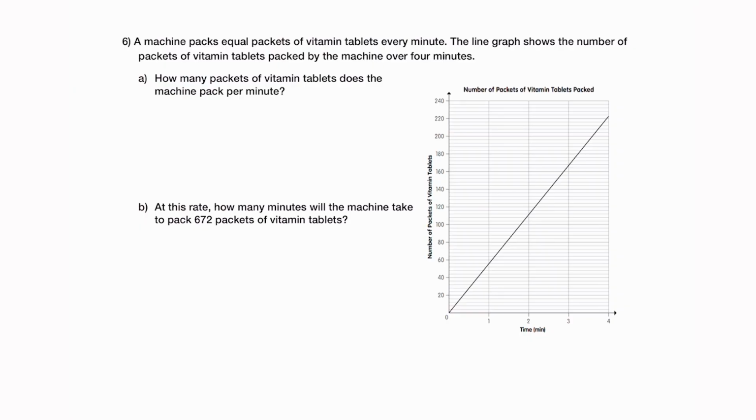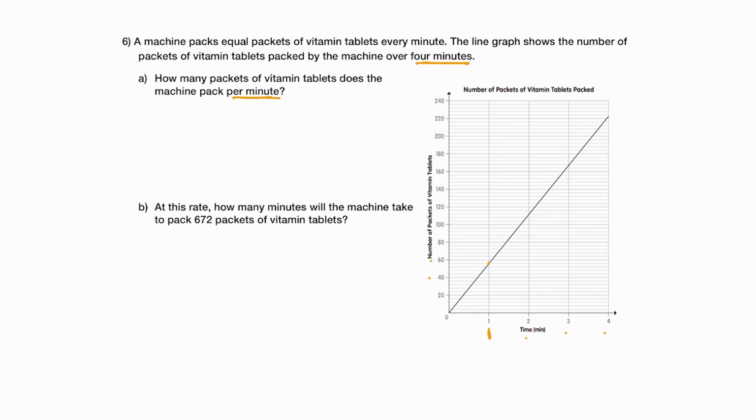A machine packs equal packets of vitamin tablets every minute. The line graph shows the number of packets of vitamin tablets packed by the machine over 4 minutes. So 1, 2, 3 and 4 there. How many packets of vitamin tablets does the machine pack per minute? So first minute is here, right? And what's that point?